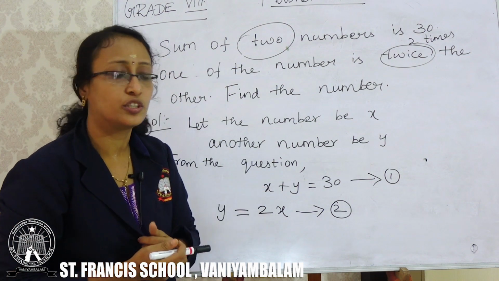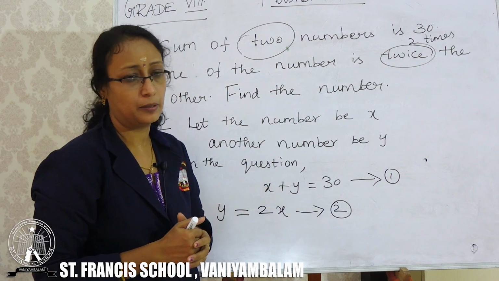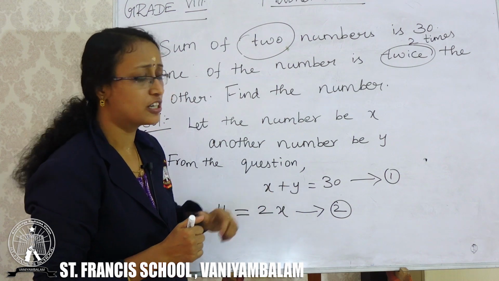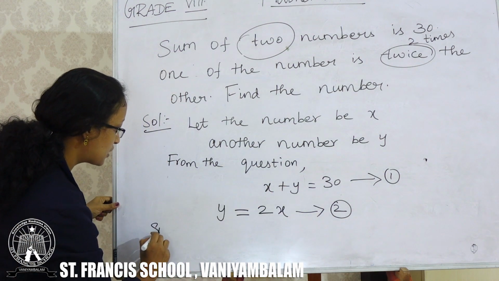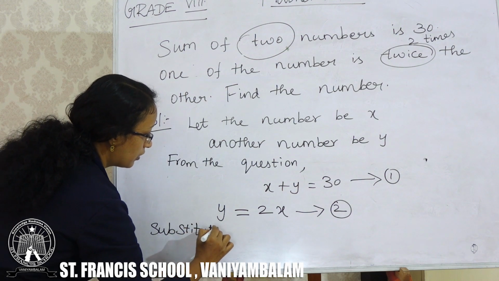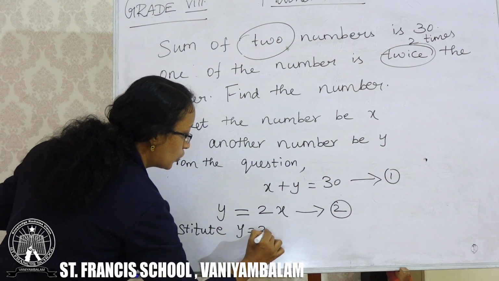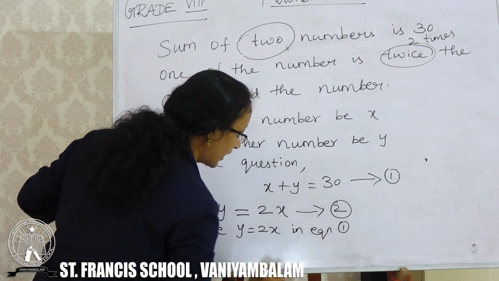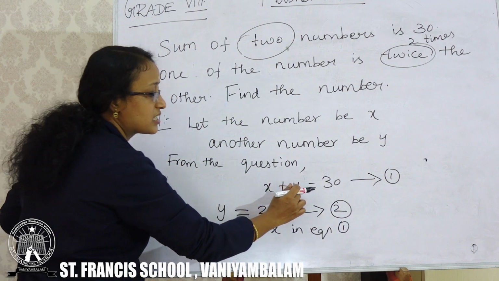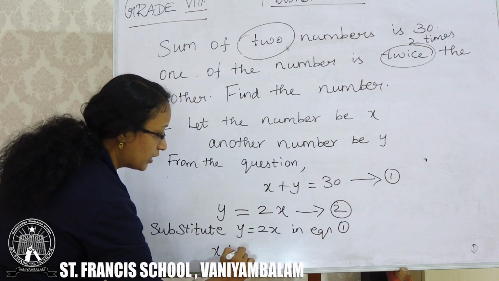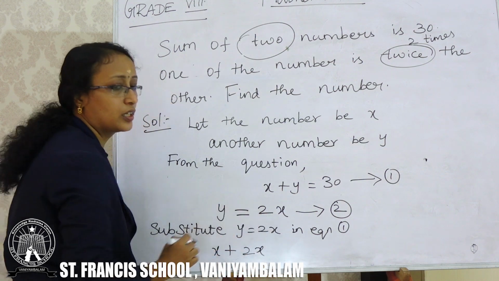I need only one variable here but I have two variables. So how will you change it to a single variable? I am going to substitute the value of y in the first equation. Substitute y is equal to 2x in equation 1. Your equation 1 is x plus y is equal to 30. So in place of y, I can write 2x.